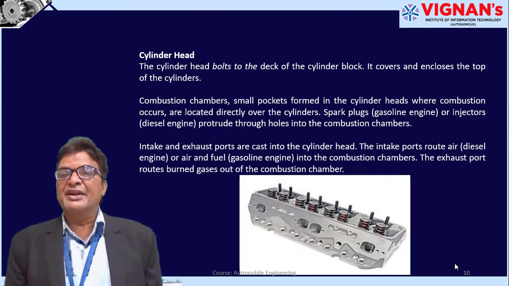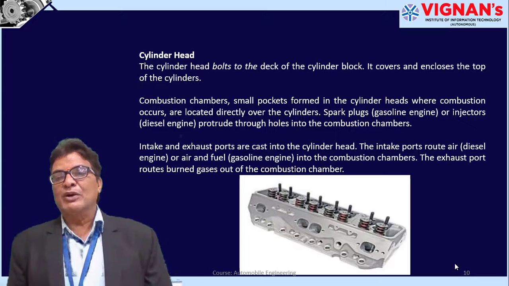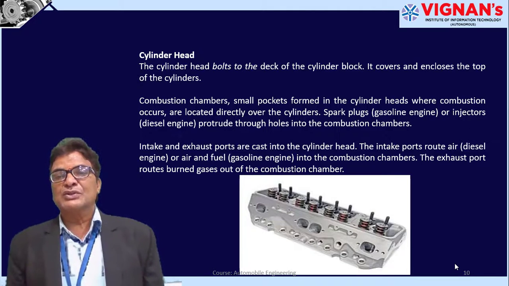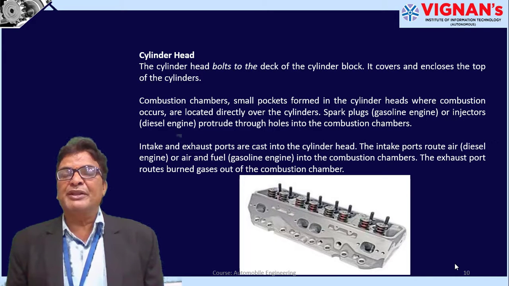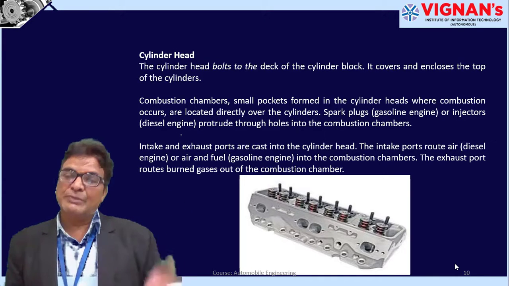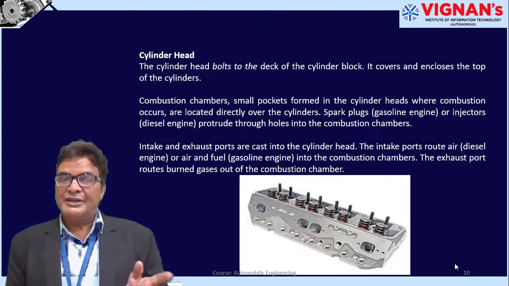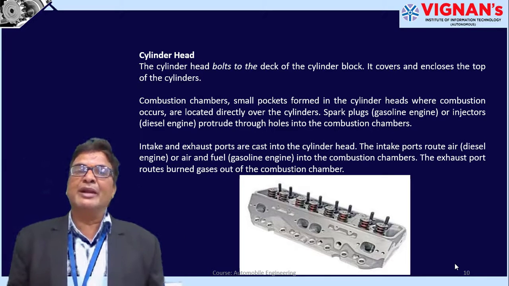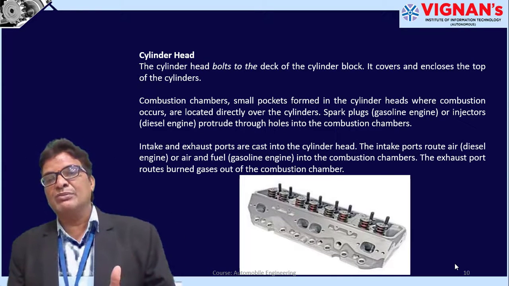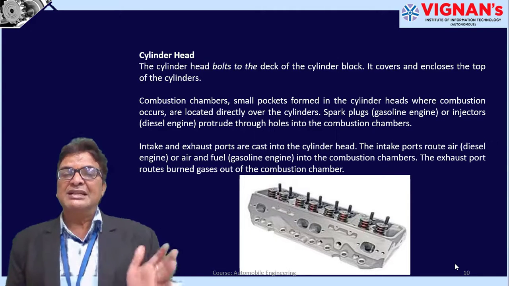This cylinder head is firmly and tightly fixed to the cylinder top with the help of nuts and bolts as shown in the figure. So it is a heavy block. The cylinder head is made of cast iron by the process of casting. The cylinder is also made of cast iron by the process of casting. But in aviation industries, cylinders and cylinder heads are made of aluminum and aluminum alloys in the case of aviation engines.